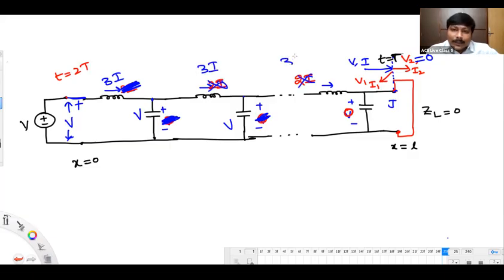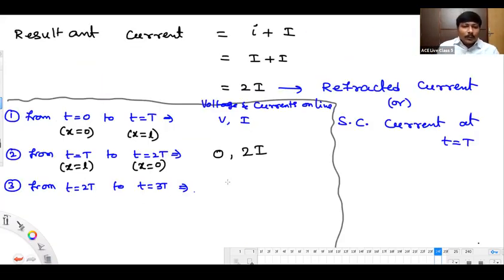Like that, at all the places, current will become 3i and voltage will become V, and we reach the end at time t equals 3T. So from 2T to 3T, the voltage remains at V and the current will be 3i.